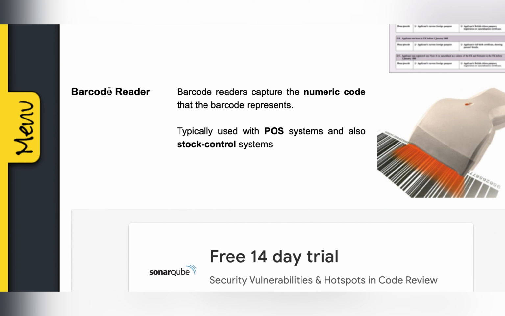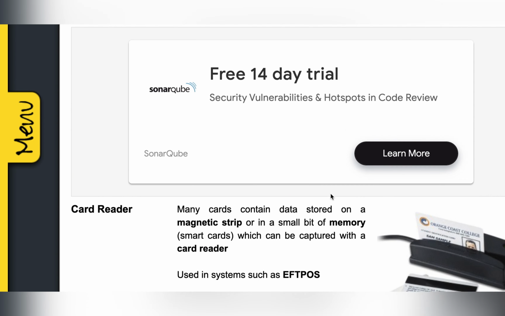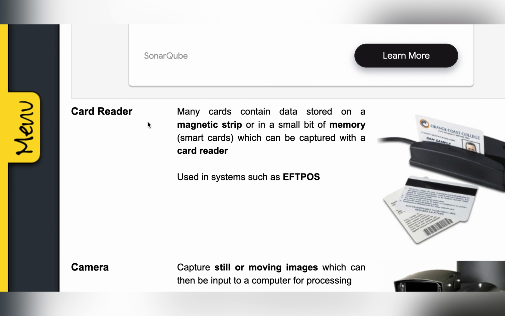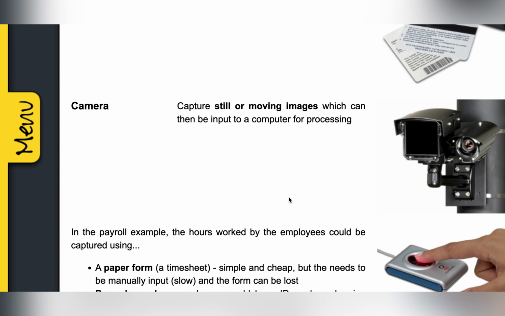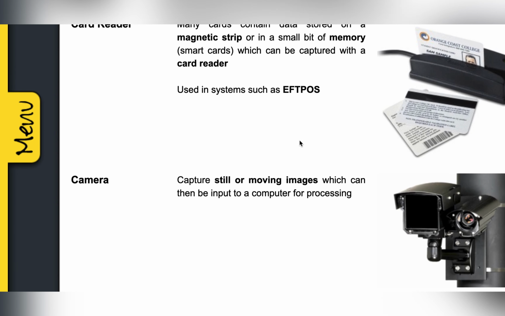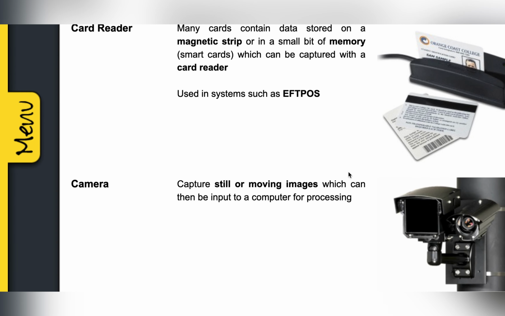The barcode, we've talked about the barcode reader. You bring the reader to read the barcode, and then all the information will be captured into the system. Then we have the card reader also. You just swipe the card, and all the information on the card will be input into the computer using the magnetic stripe. Every card that can do this has a magnetic stripe on it.